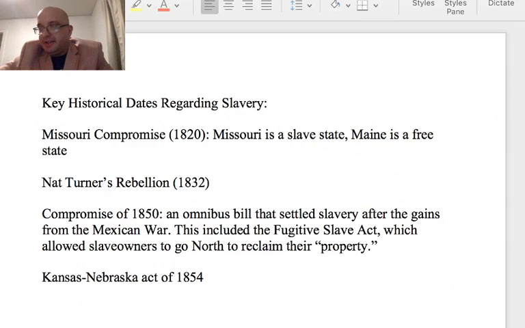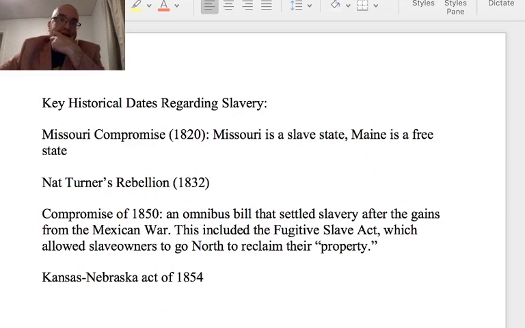The northern states, of course, became more of a manufacturing type of society, and so different states on a state-by-state basis outlawed the practice of slavery as time went on. But as the country kept growing and expanding westward, starting with Thomas Jefferson's Louisiana Purchase, then over the next 30 or 40 years we just keep going west until we get to California.